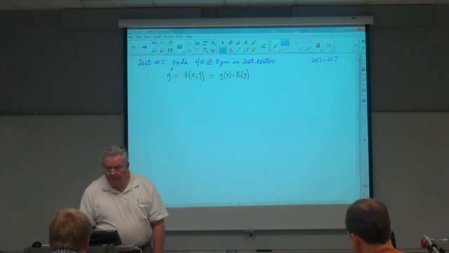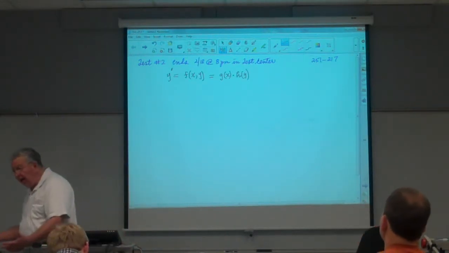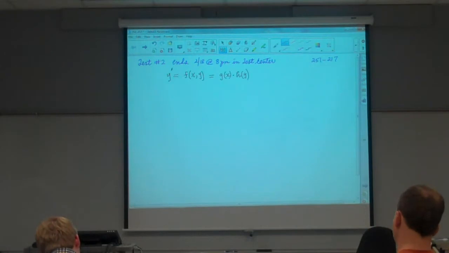That's a separable differential equation where y prime is the first derivative.